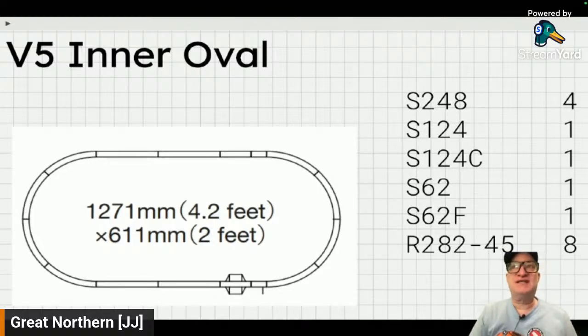Those are sets that have an all-in-one package, everything you need to get started. So that's why it's got an S62F, and F here stands for feeder. S124C, that's right here. That is a crossing.